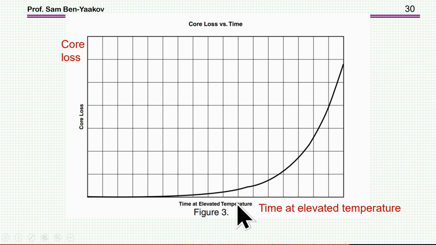So it turns out, and this I would assume is for a constant condition, you see that if the core operates at elevated temperature, then the core losses start to go up. There are no numbers here, just the phenomenon. And I would suspect that if this is severe enough and the temperature is high and this phenomenon goes on, then eventually you may hit a runaway situation. There is not much information about this, but this is something to watch.